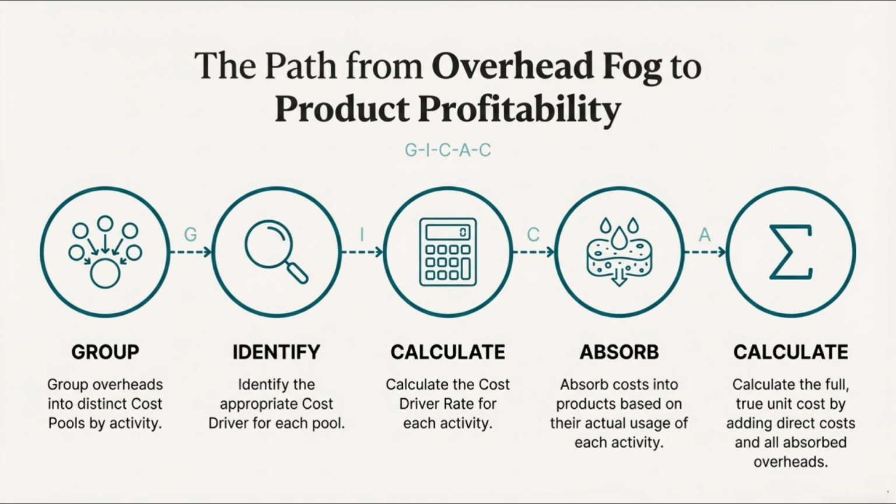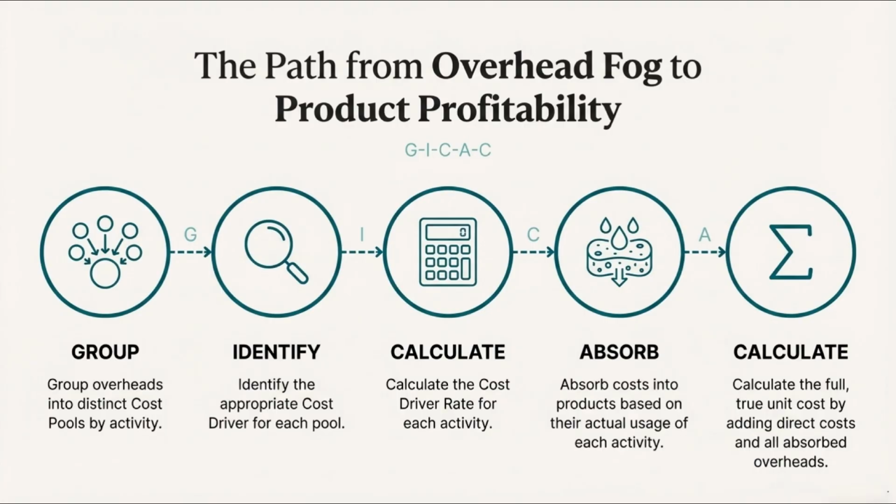C is for calculate. Calculate the cost driver rate for each activity. Divide the total cost pool by the total volume of the cost driver. This gives you the cost per unit of activity. A is for absorb. Absorb overhead costs into products based on their actual usage of each activity.